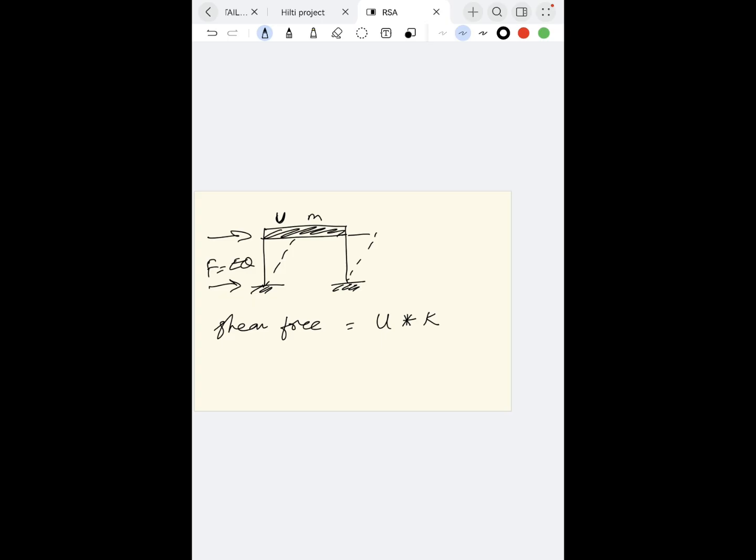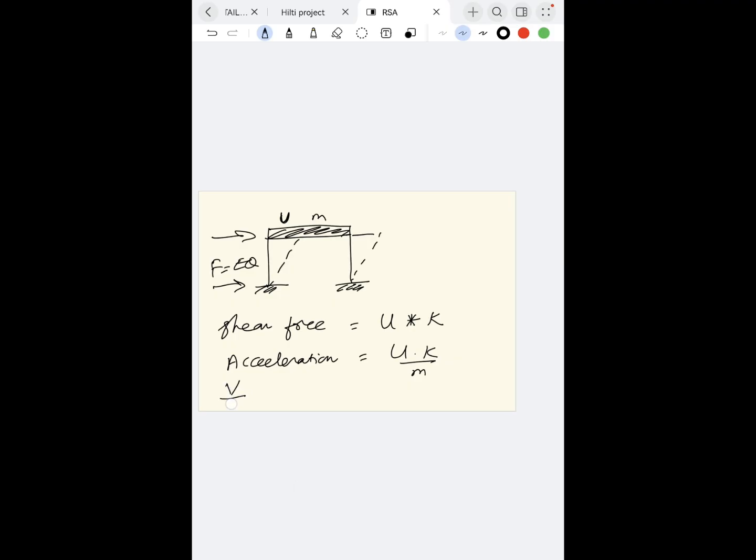And similarly, acceleration is V by M, which is U into K by M.